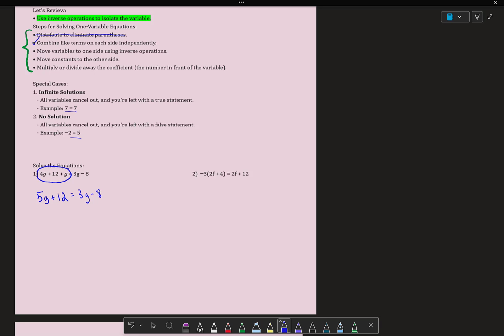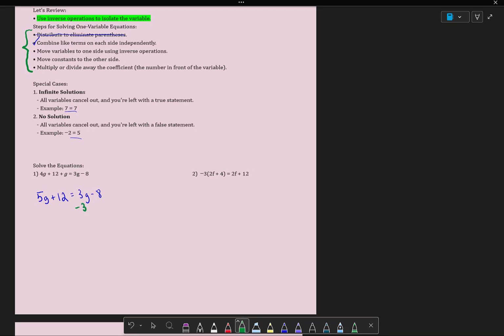We've done that. All right, the next bullet point says move variables to one side using inverse operations. So our variables are 5g and 3g in this problem. So we need to move these to the same side. I'm going to move the smaller of the g's to the left side.